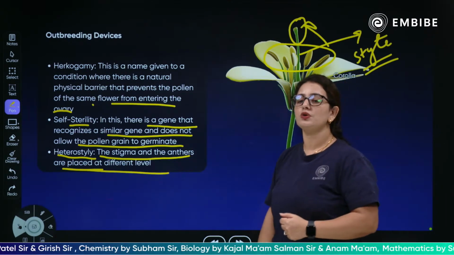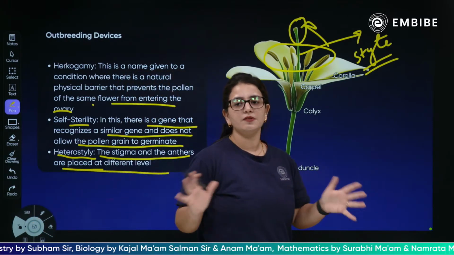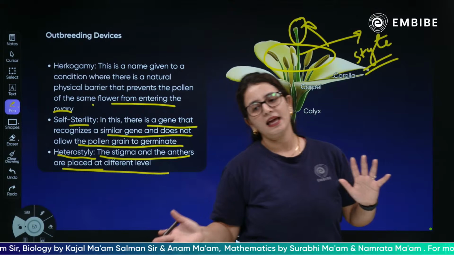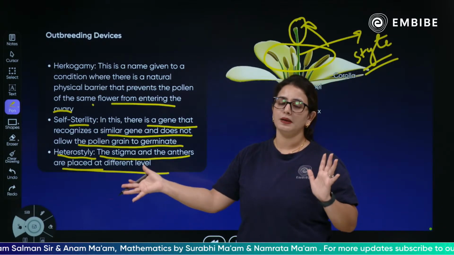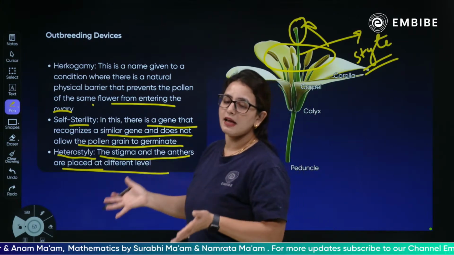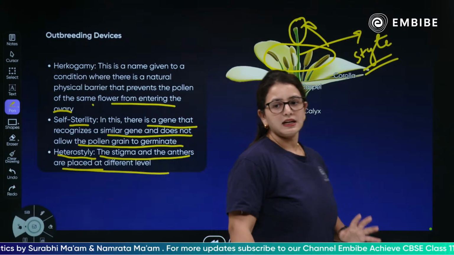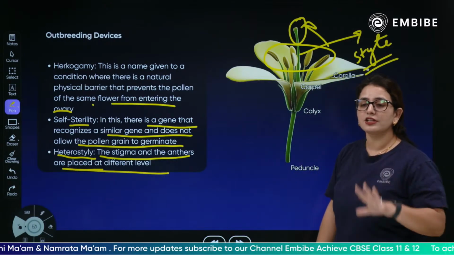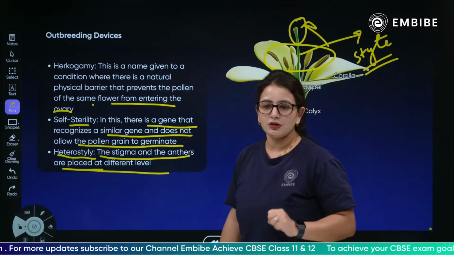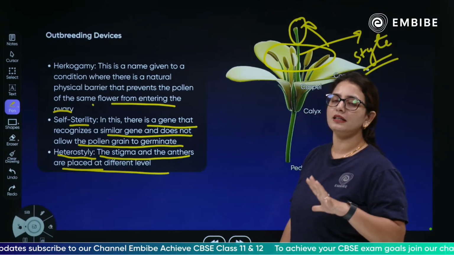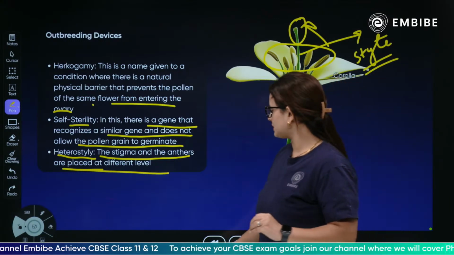That is what you call heterostyly, that we create a distance between the stigma and the anther. This is also a method of avoiding self-pollination through outbreeding. Yes, clear? This is a natural method to avoid pollen-pistil interaction and self-pollination. Okay, I hope this is clear.